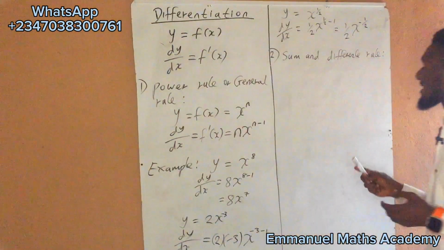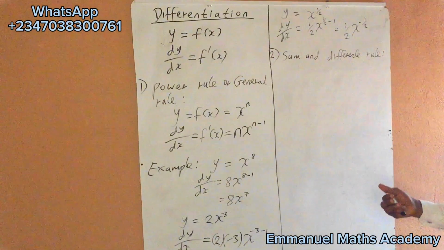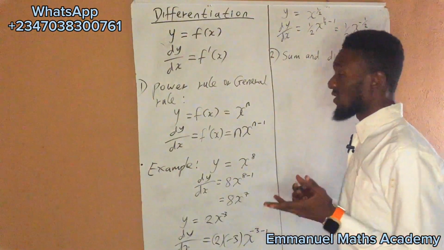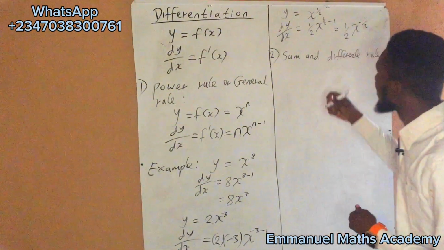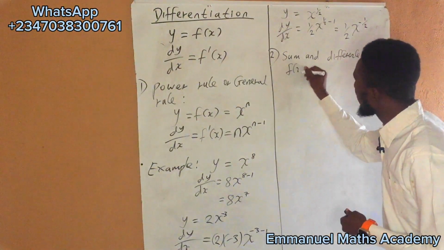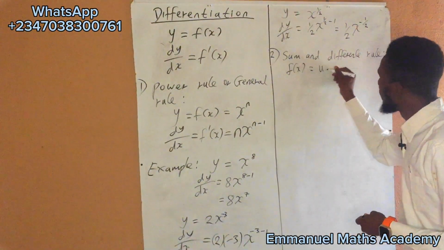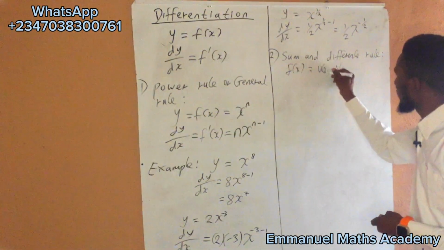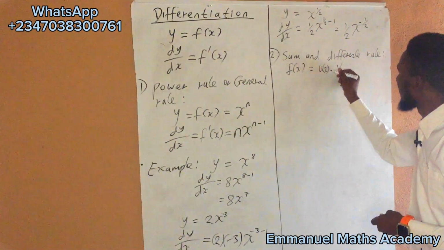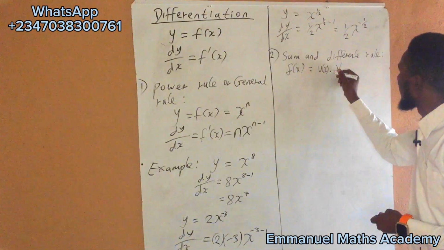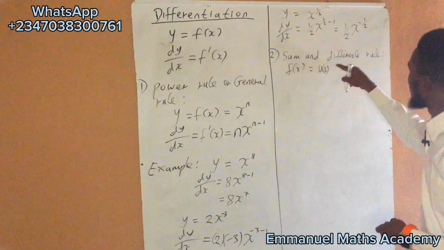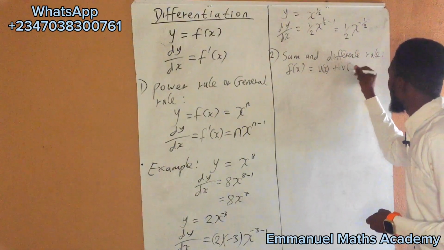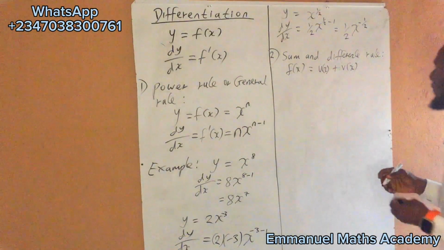Now, let u and v be differentiable functions of x. Then f of x equal to u plus v. Remember that u is a function of x and v is also a function of x.